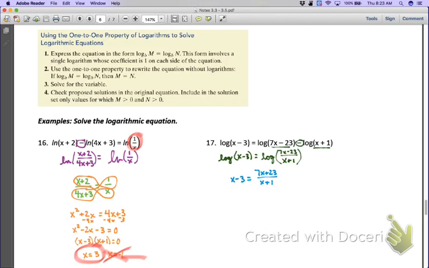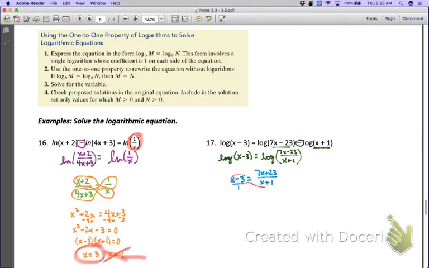Can I still cross multiply? Is the one on the left still a fraction or a rational expression? Yeah, why? It's really over 1.